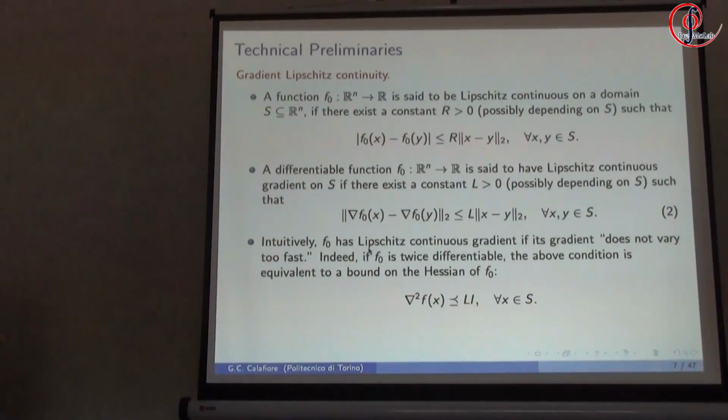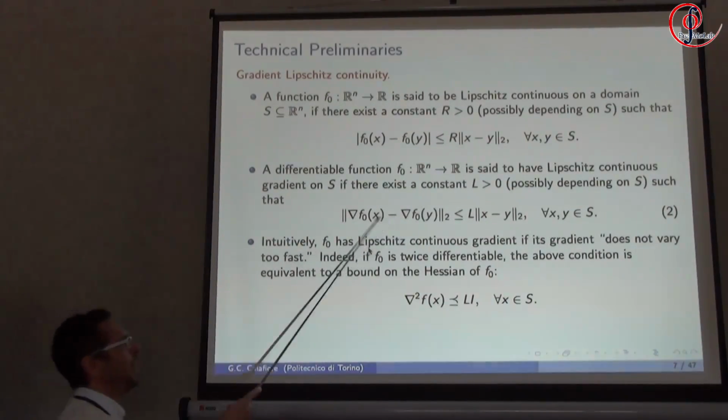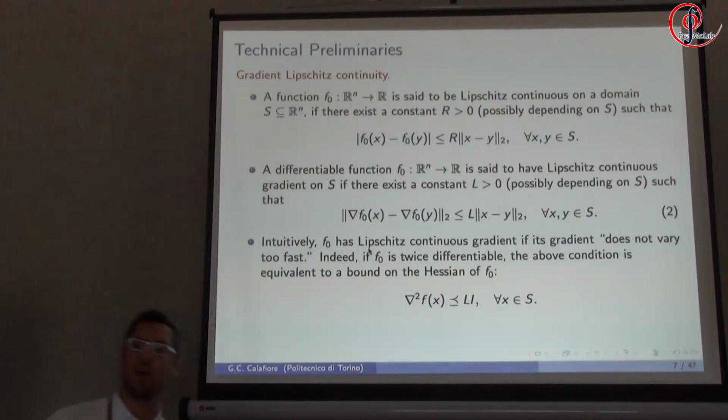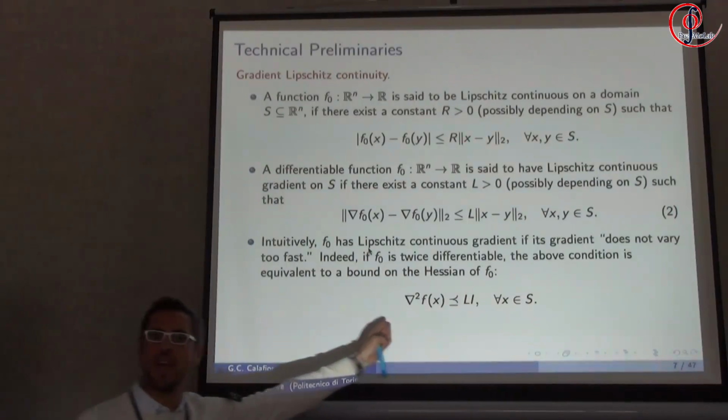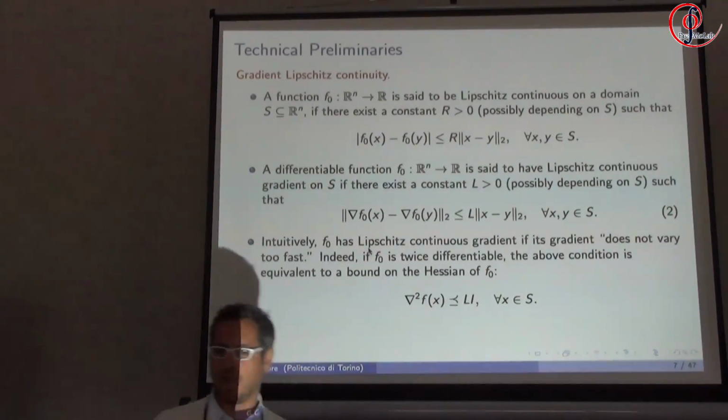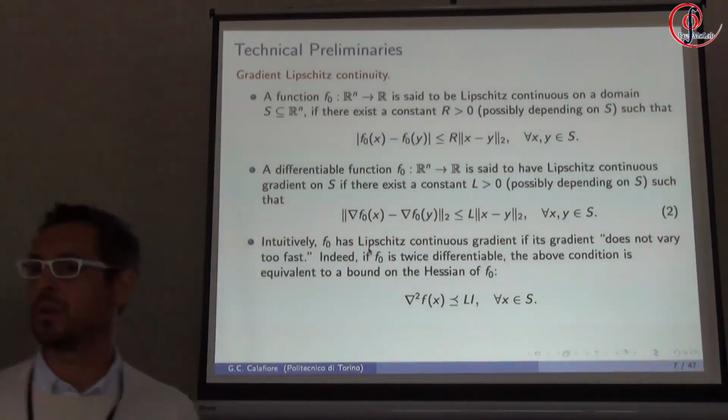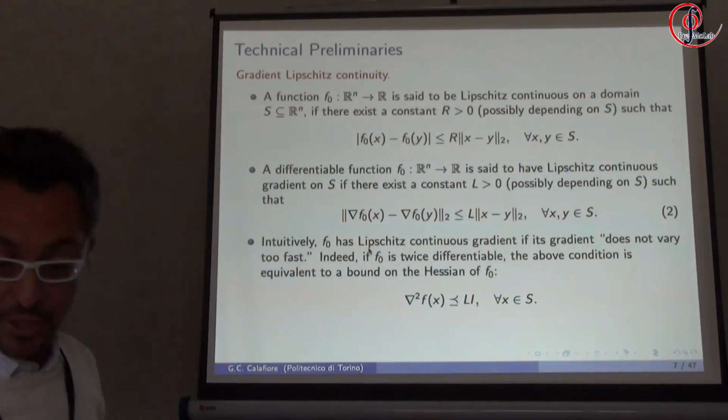There is no proof here, but you may understand more or less intuitively that since this places some kind of constraint on the rate of variation of the gradient, that rate of variation is related to the derivative of the gradient, and the derivative of the gradient is the Hessian, and therefore we place a bound on the Hessian.